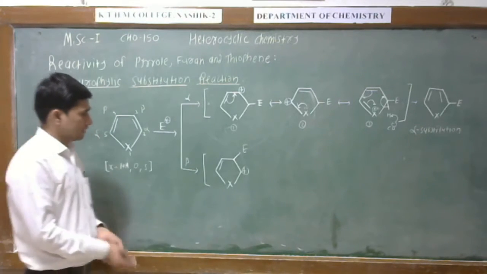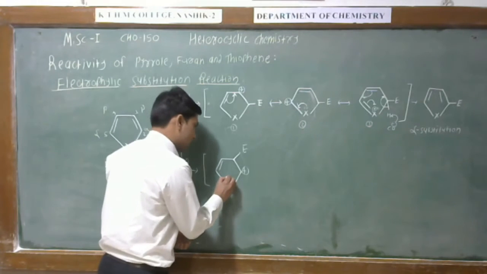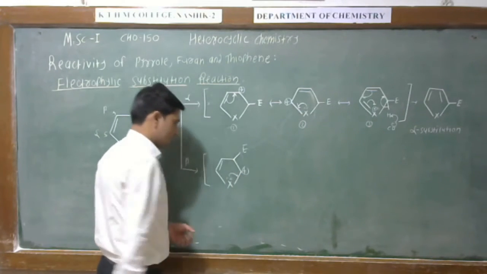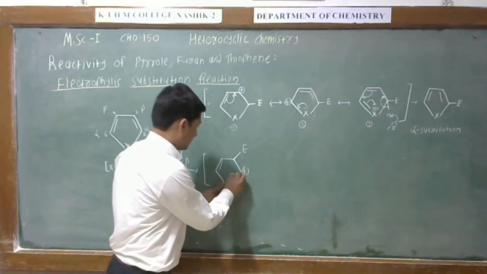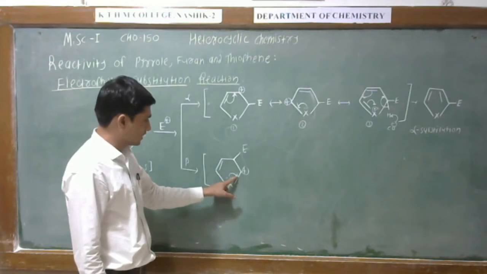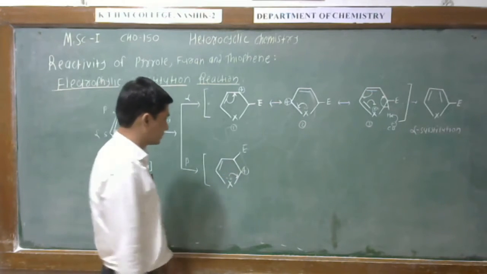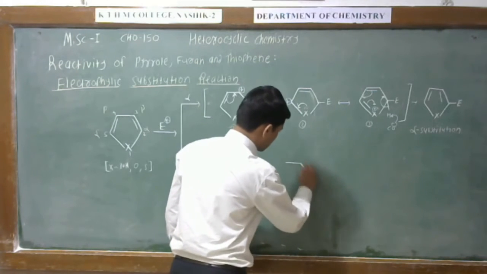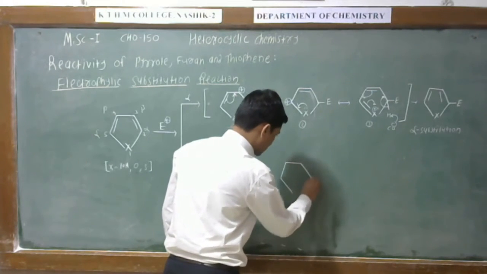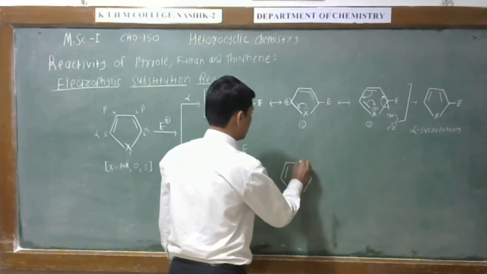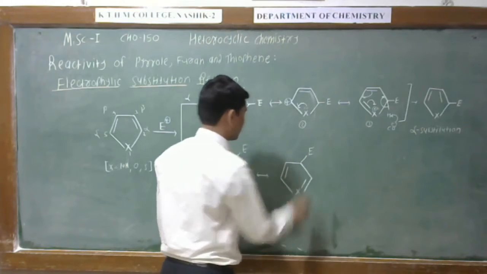Now, this structure can be stabilized by resonance. The lone pair of the heteroatom can attack here, make a double bond here and neutralize this positive charge, and we get a structure like this. This is X, this is the double bond here, this is the real double bond, and this is the electrophile here.